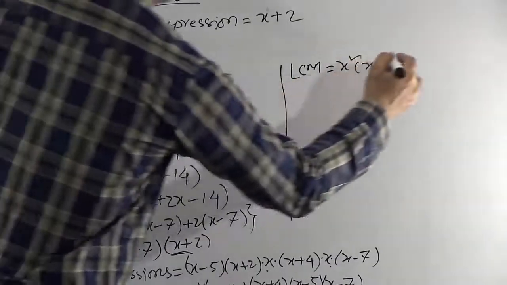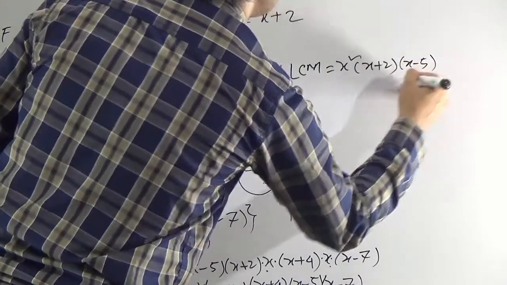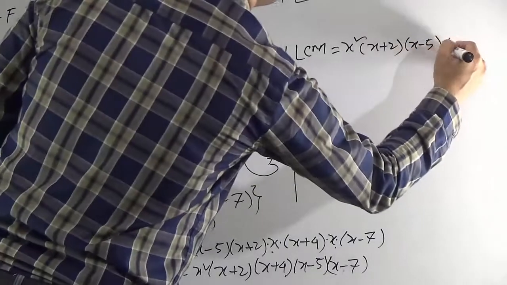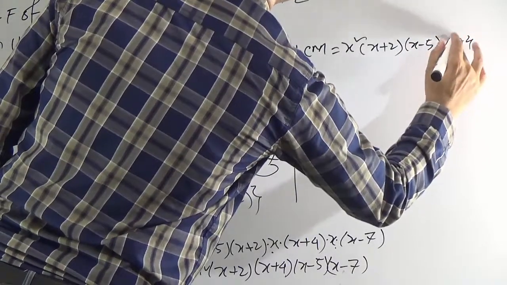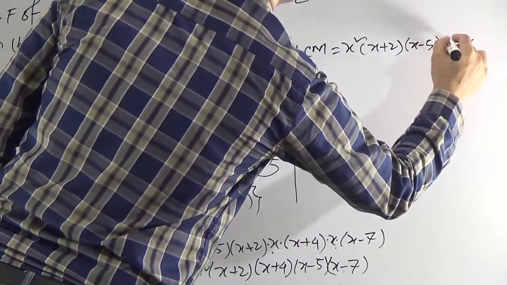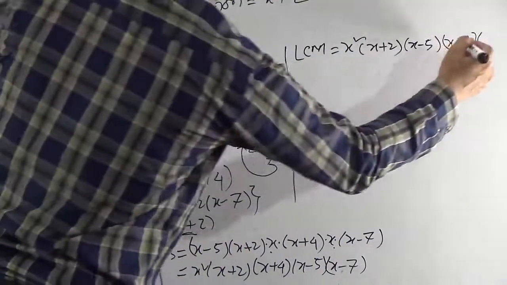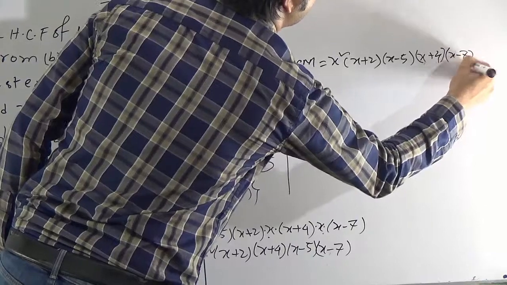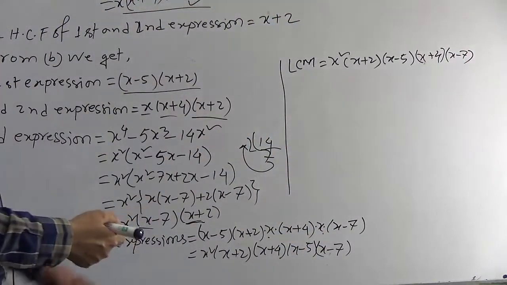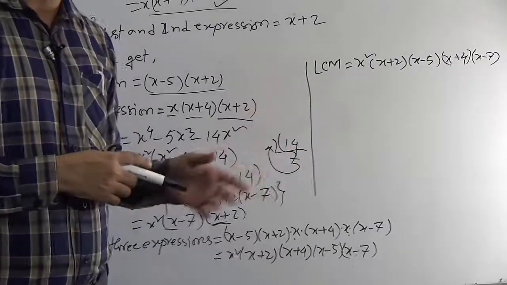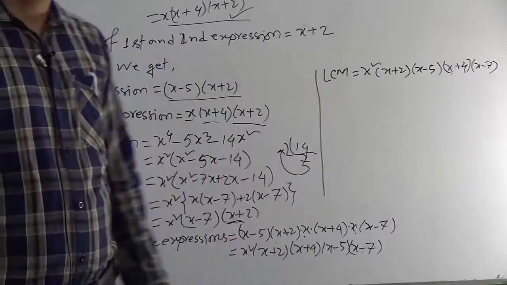Here is x minus 5 in the first expression, in the second expression remaining is x plus 4, and in the third expression x minus 7 remains. So both are the same. Students, you can do it in any way.